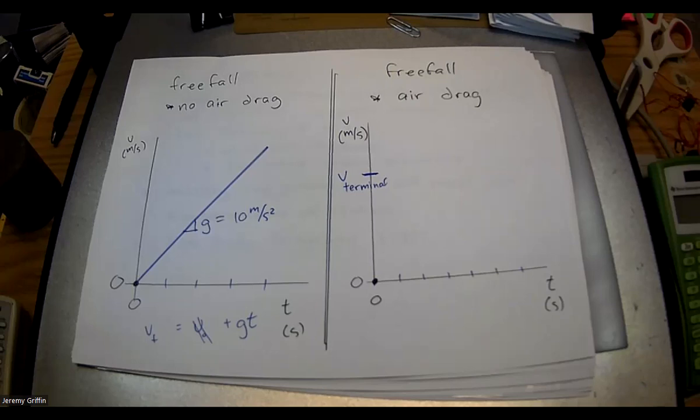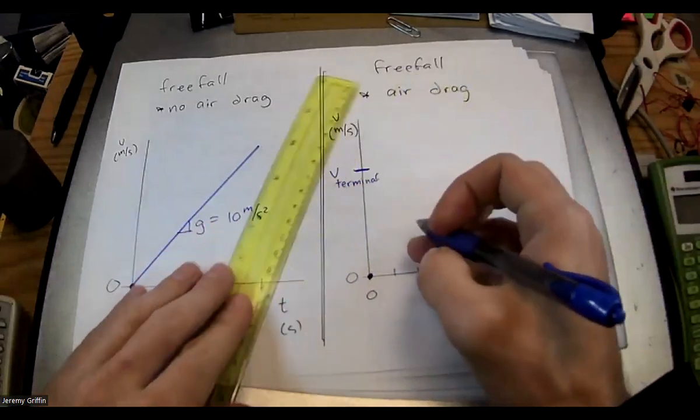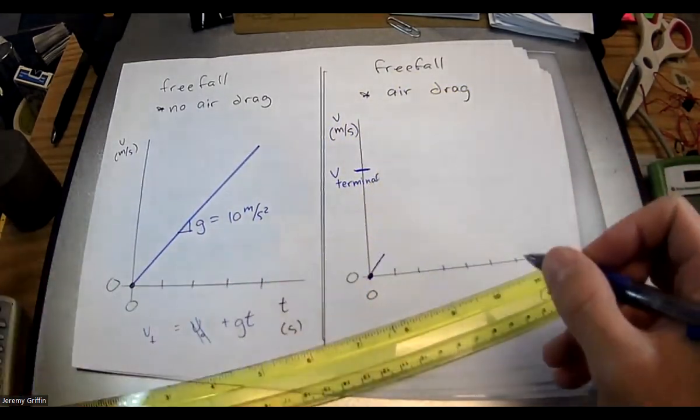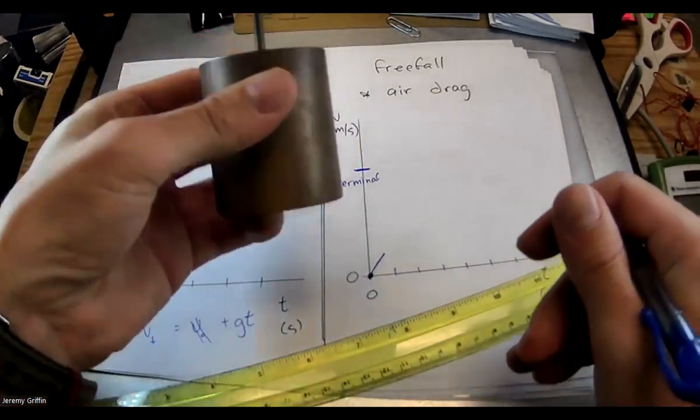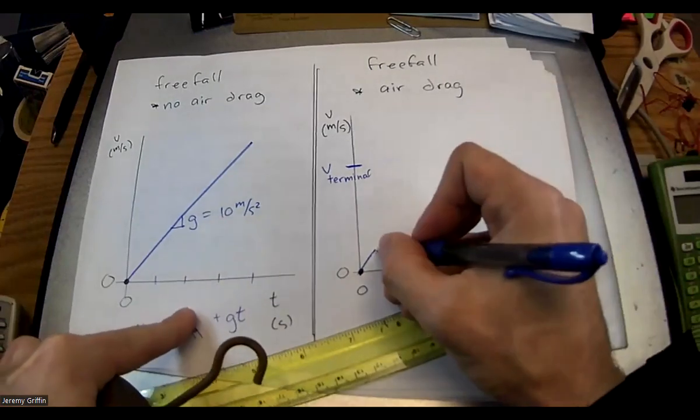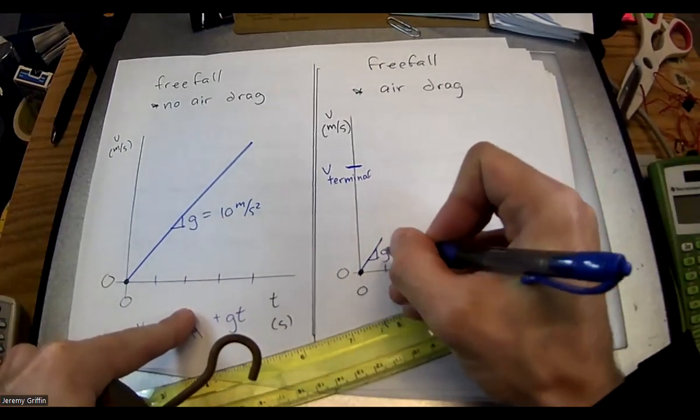Aha, winner. All right. Okay, some of you guys getting this? Okay. So I think you guys are saying it's gonna start out pretty well the same. Because if this has only been falling for like a fraction of a second, the air drag hasn't really built up much. So it starts out looking the same, right? So you've got a slope pretty close to g.